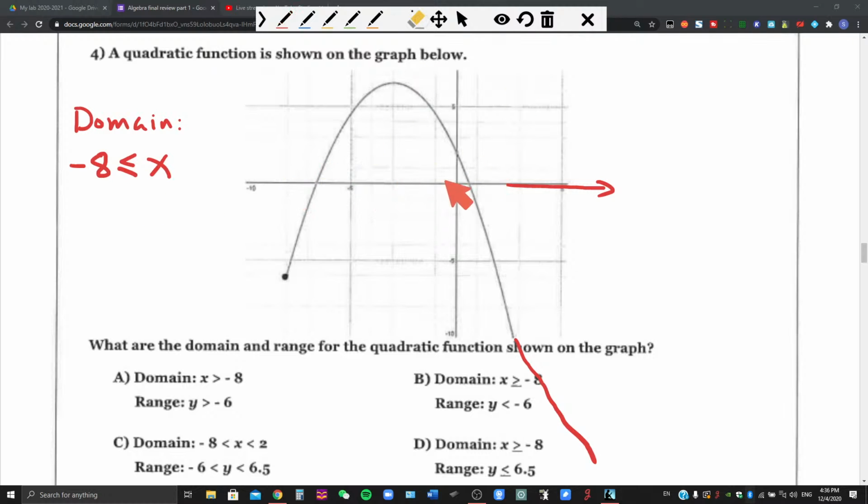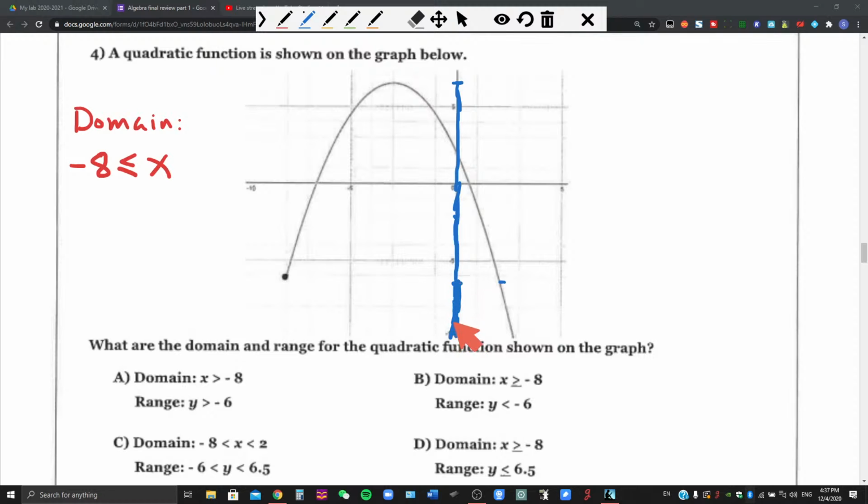Now let's check the range. For the range, that's the y value. From here, the y value is here. Now when it goes up, this is the range for the y value. However, the whole graph is going down again, and after this point, we have the values below this point.